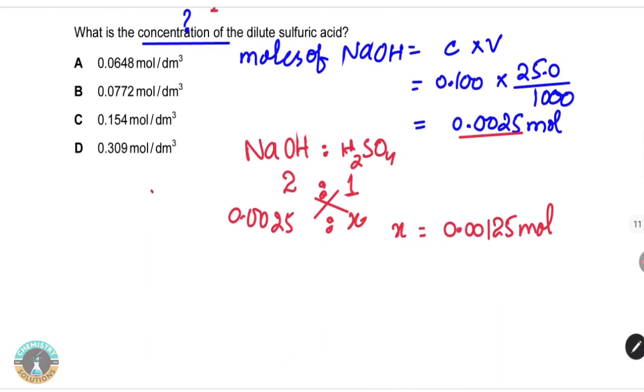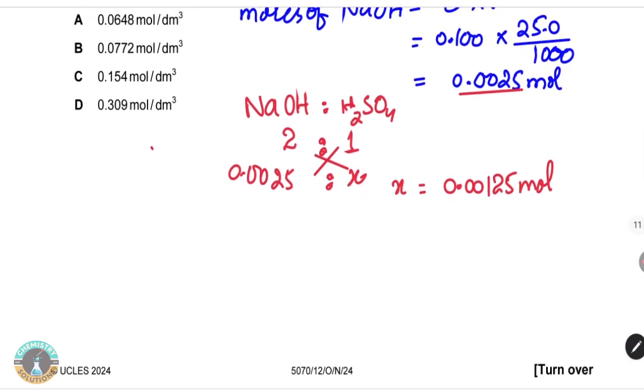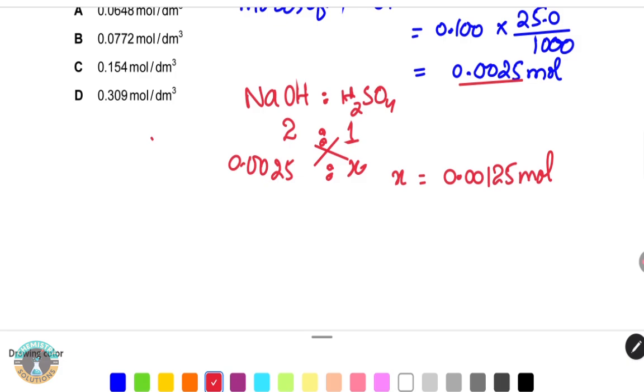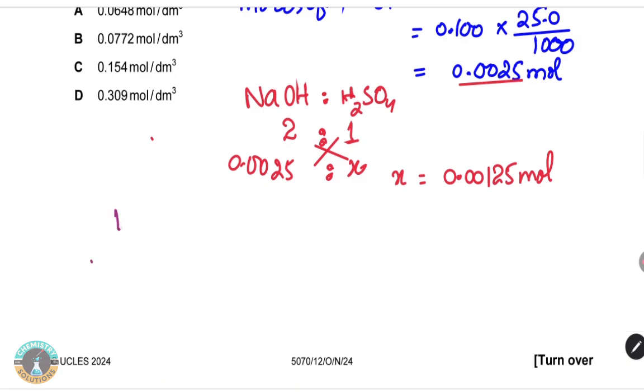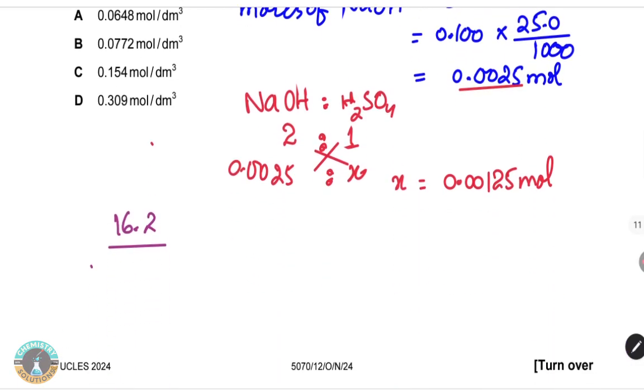First of all, convert the value of 16.2 centimeter cube into decimeter cube. For this, we have to divide 16.2 by 1000.